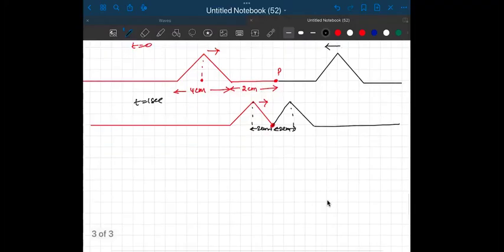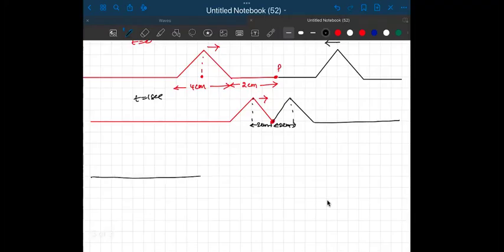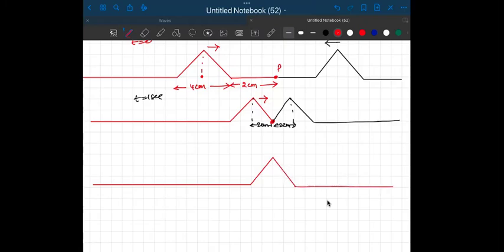Now, next, what happens is, frankly speaking, point P. Point P. Whereas the black line will also come over here, crossover.